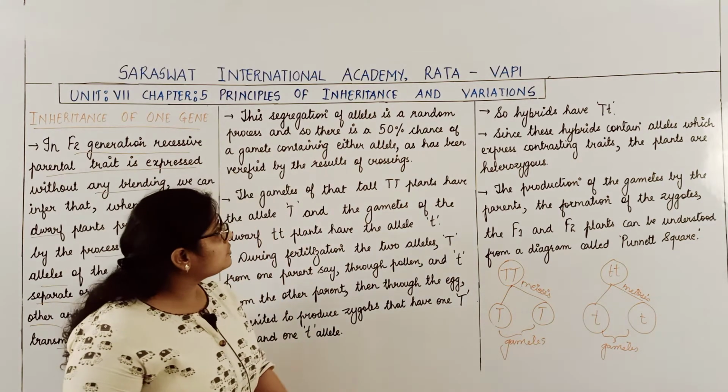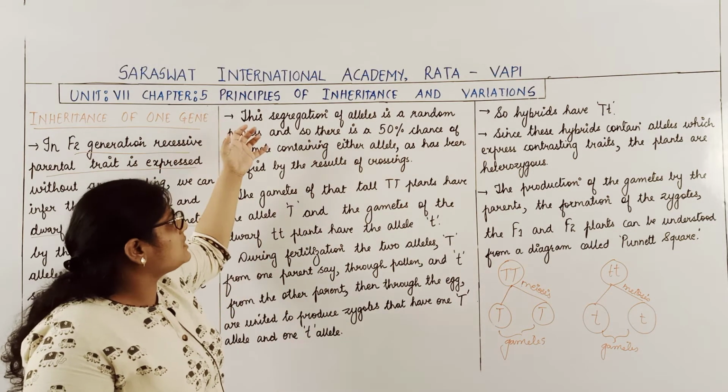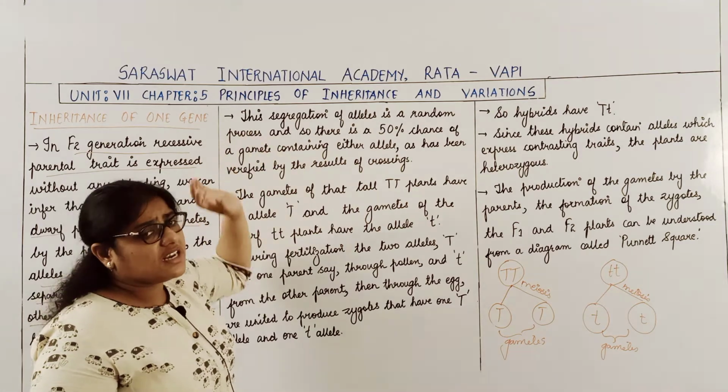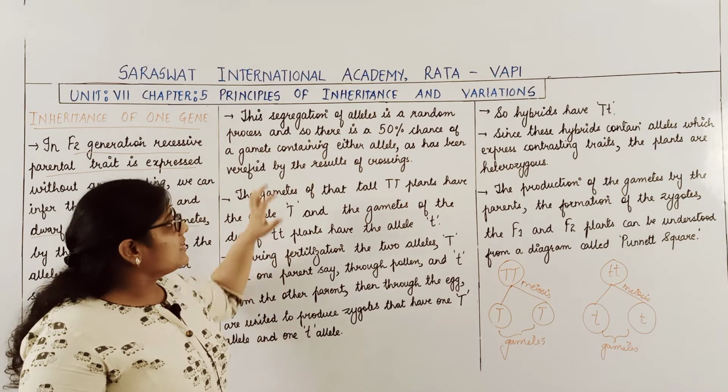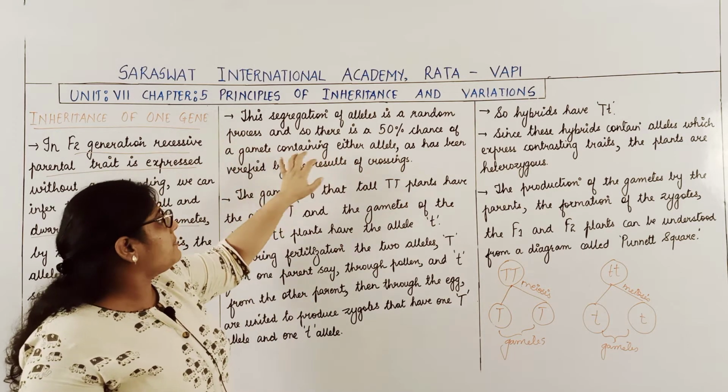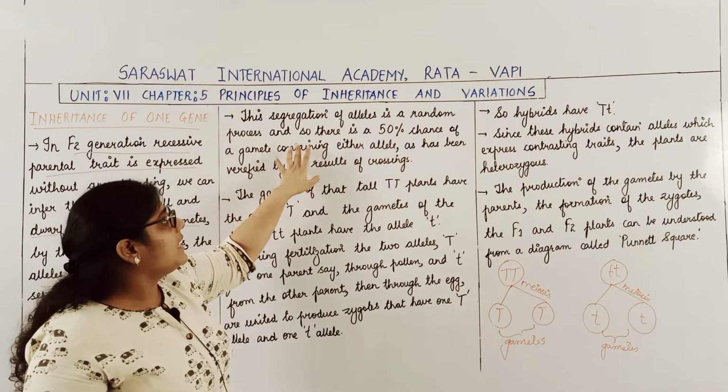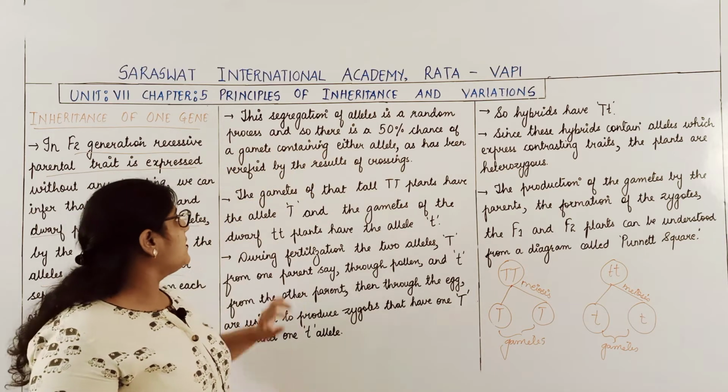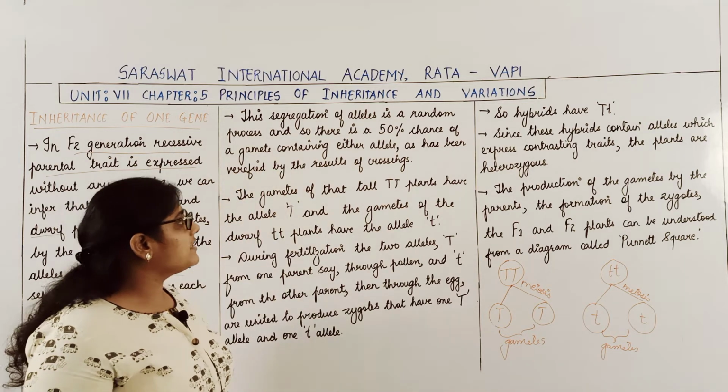Now students, this process of segregation is a random process, and so there is a 50% chance of a gamete containing either allele, which has been verified by various crossings.